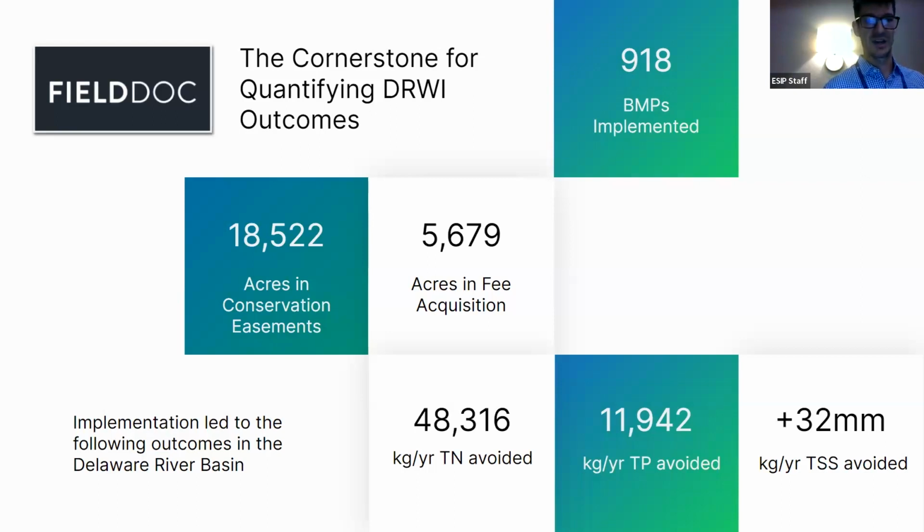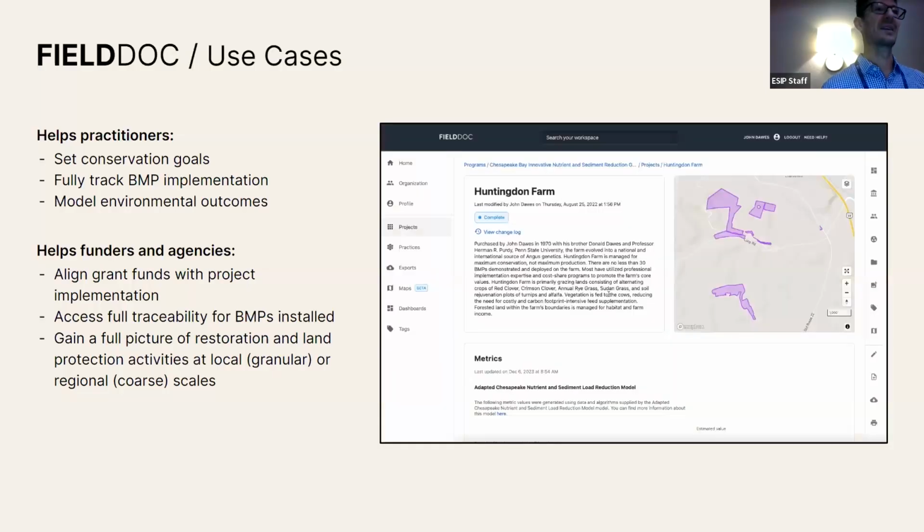What's so exciting about this work is that we've been able to document every single practice that was implemented as a result of that funding. This was an iterative approach in developing our field doc system to support this effort. We evolved this platform through understanding those core user needs, right?